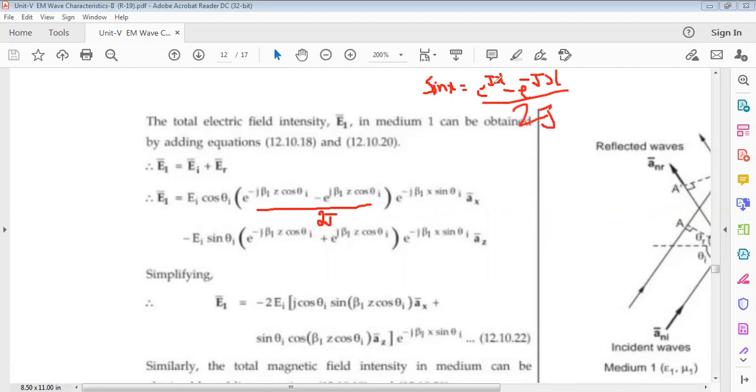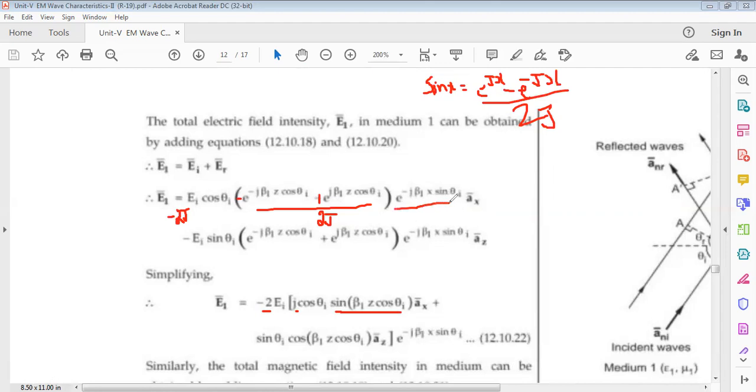But here the negative sign is for the positive exponential and the positive for the negative exponential. So take the minus 2 and j, multiply and divide here. Then it becomes minus and this is a plus. So the total term is sin beta 1 z, cos theta, and the cos theta is already multiplied into ax bar.